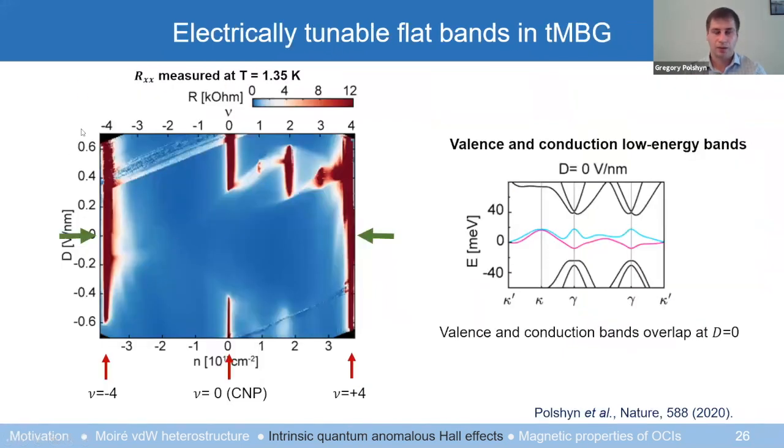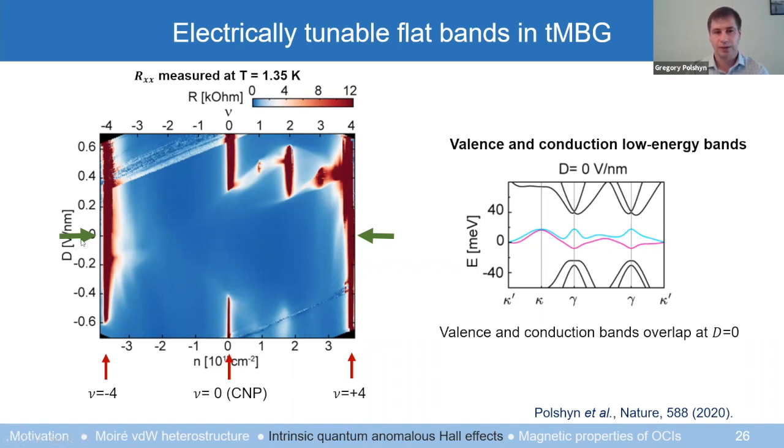Okay, so next, let's look at the map of the longitudinal resistance for one of these devices with twist angle of 1.25 degrees. This is longitudinal resistance measured as a function of carrier density across valence and conduction band, and displacement field on the y-axis.